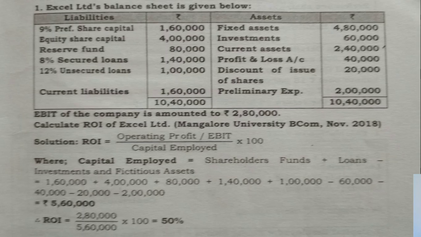First we divide 2,80,000 by 5,60,000, so we get a decimal. Then we multiply by 100. So we will get 50%.